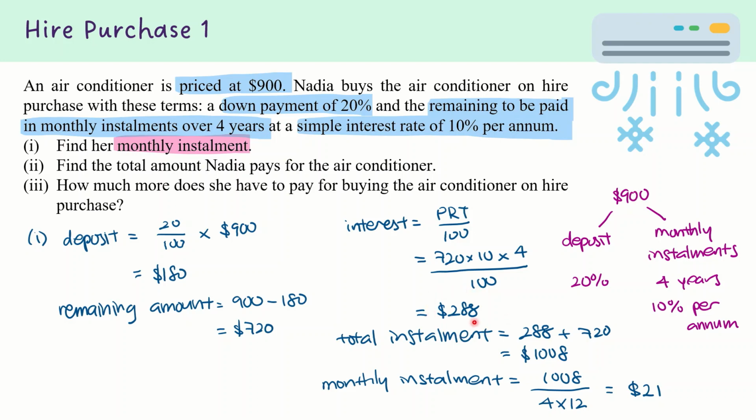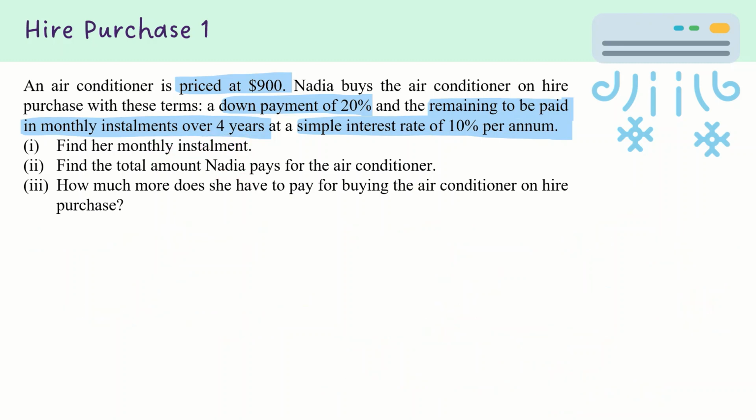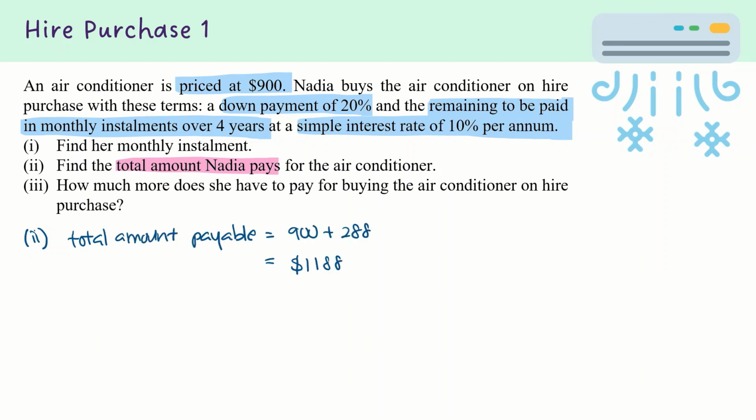So this will be paid on top of the $900. Hence, to find our answer to part 2, the total amount to be paid, that will be to take $900 plus $288, and we will get $1,188.